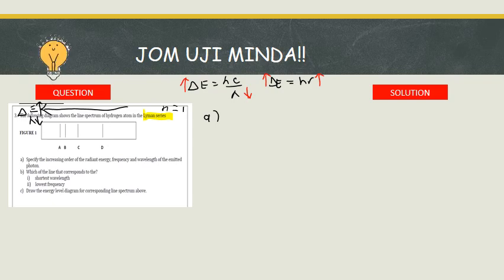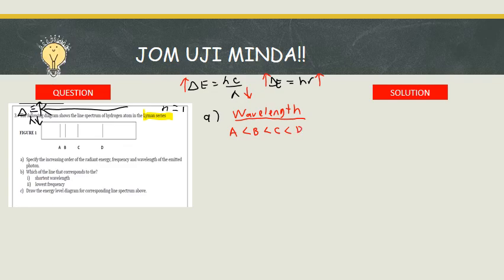So kita nak susun A, B, C, D, kita susun ikut wavelength dulu. Kalau wavelength increasing order maksudnya daripada kecil ke besar. Yang paling smallest wavelengthnya adalah A. A kurang daripada B, B kurang daripada C, C kurang daripada D.